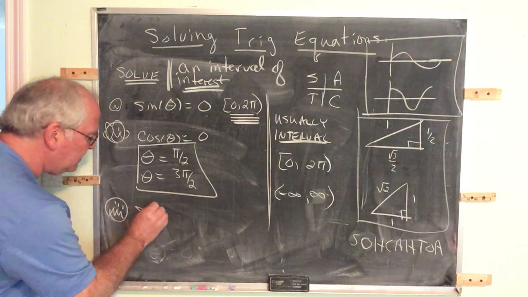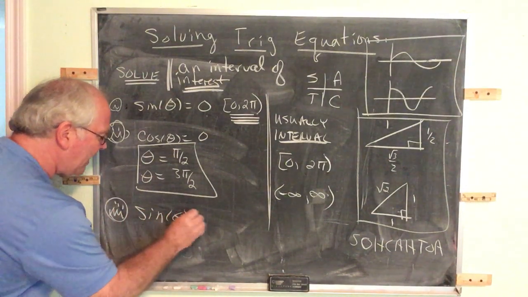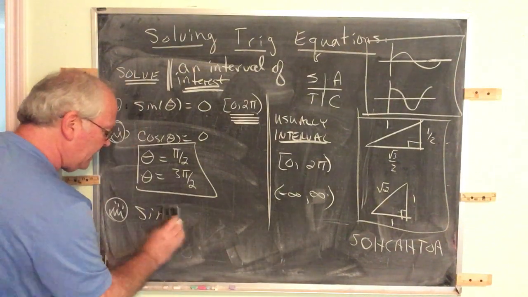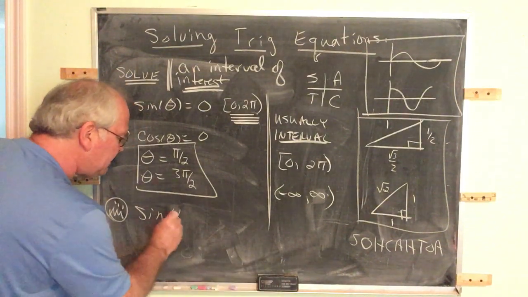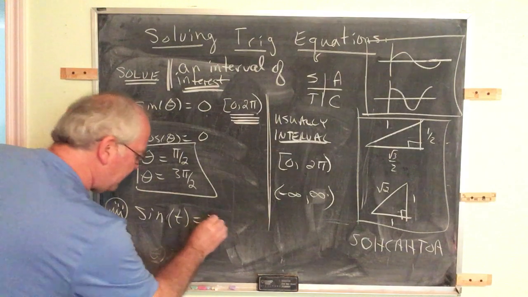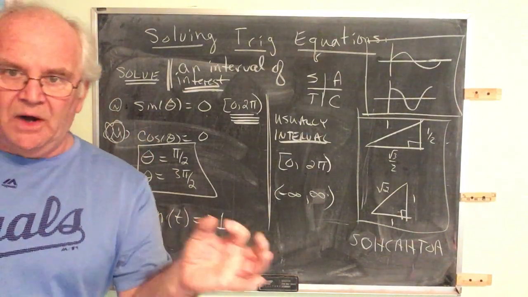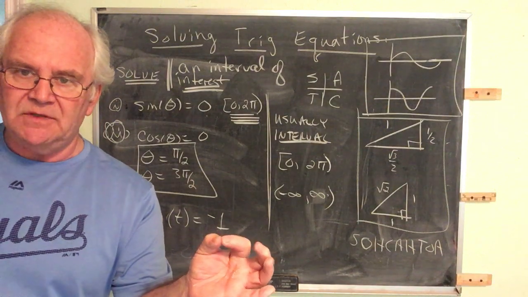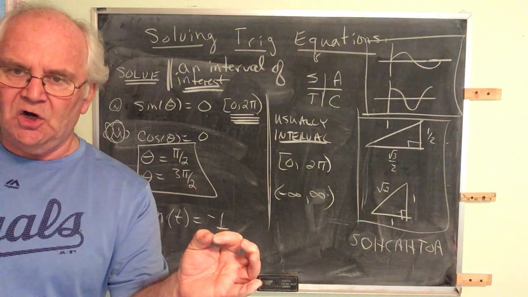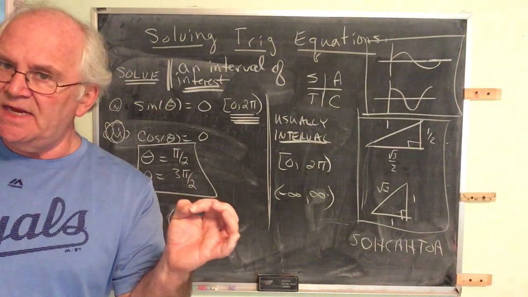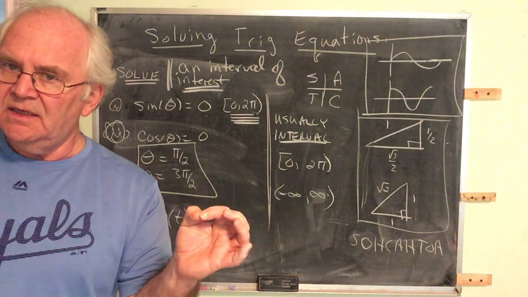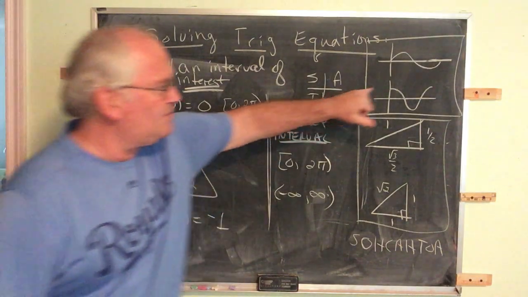What if we have sine of theta? And there's nothing magic about theta. We could have any other variable here. Sine of t equals, let's say, -1. Okay, look at the sine curve. Where does the sine curve have a trough? Where does the sine curve bottom out? If you see it in your mind's eye, you see the same thing as what you see in this picture.